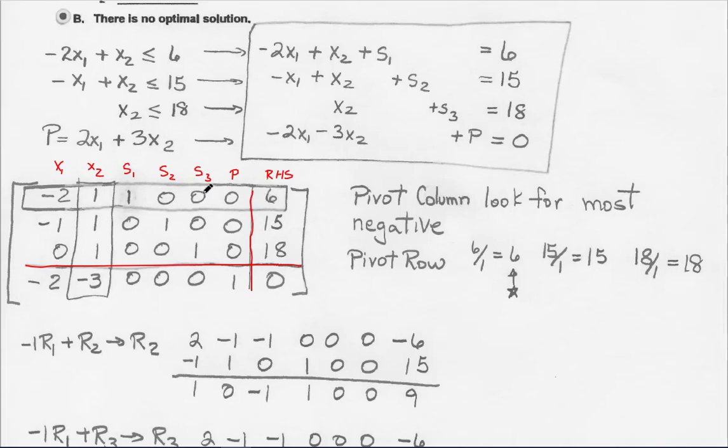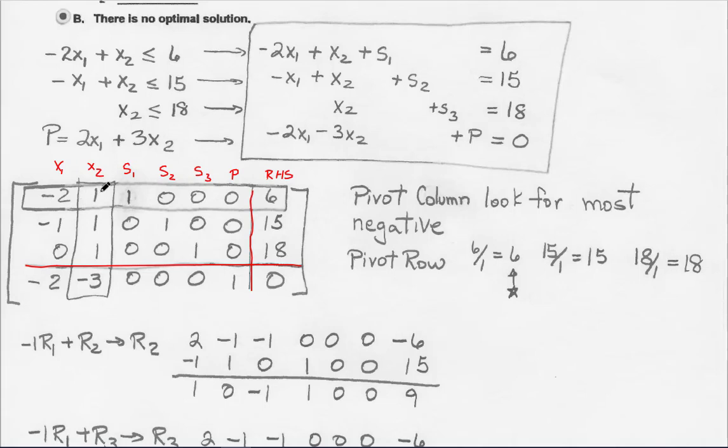So 6 divided by that 1, 15 divided by that 1, 18 divided by that 1. I look at each of these quotients. The smallest one is the pivot row. That's why I have it boxed here. So row 1 is the pivot row.